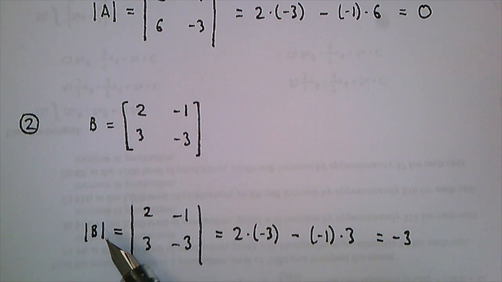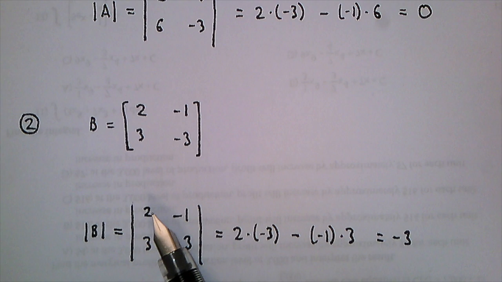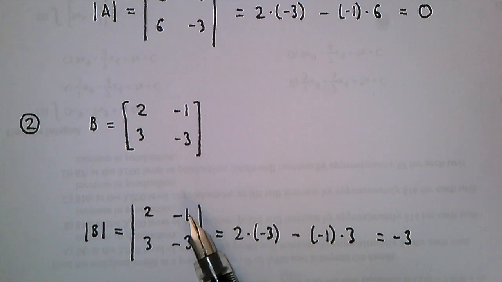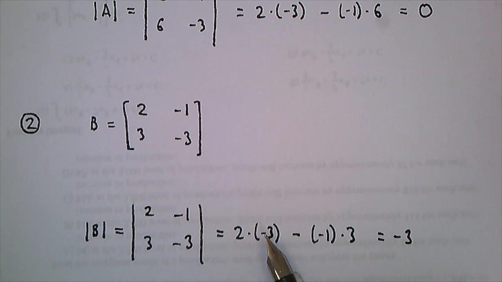So the determinant of B, again using the vertical bars, is the product of the elements on the main diagonal, 2 and minus 3, and you subtract the product of this diagonal, minus 1 times 3. So here we get minus 6 minus negative 3. Overall, we get minus 3.